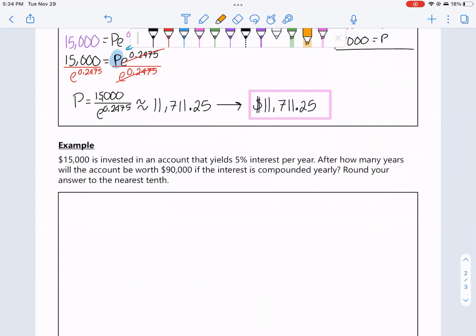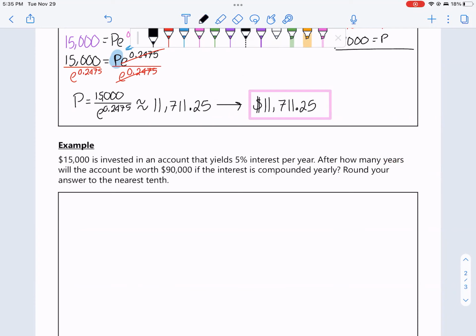Example. $15,000 is invested in an account that yields 5% interest per year. After how many years will the account be worth $90,000 if the interest is compounded yearly? Round your answer to the nearest tenth. So this is going to be after how many years?